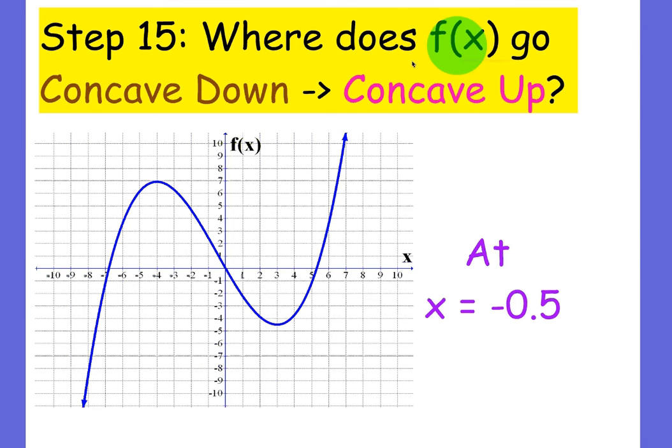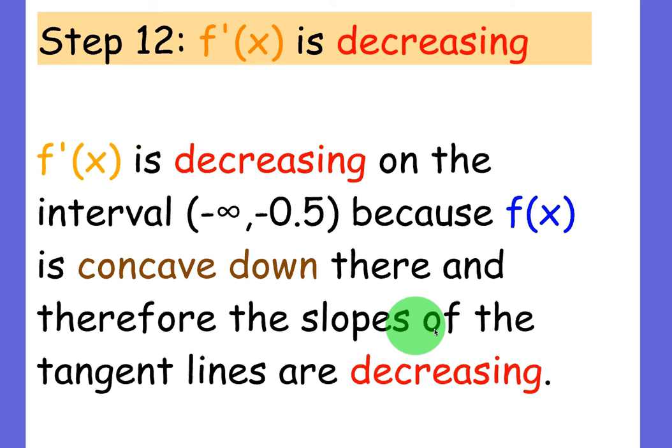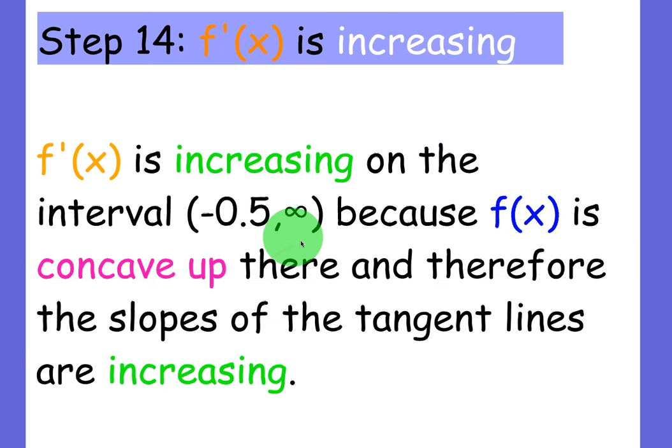Step 15, where does f of x go from concave down to concave up? Well, at negative 0.5, it goes from concave down to concave up. Now we just showed that wherever it goes from concave down to concave up, the derivative graph is going from decreasing to increasing.